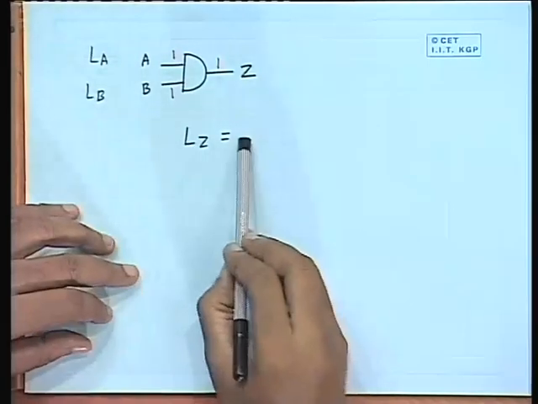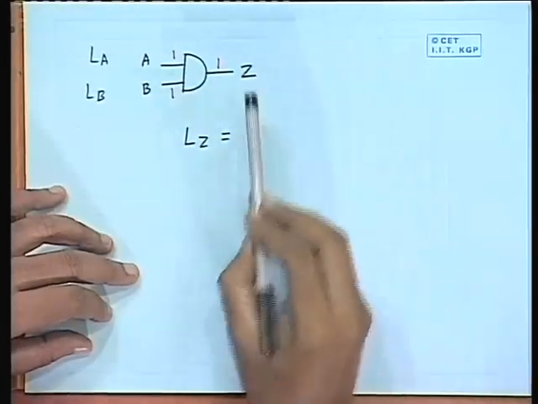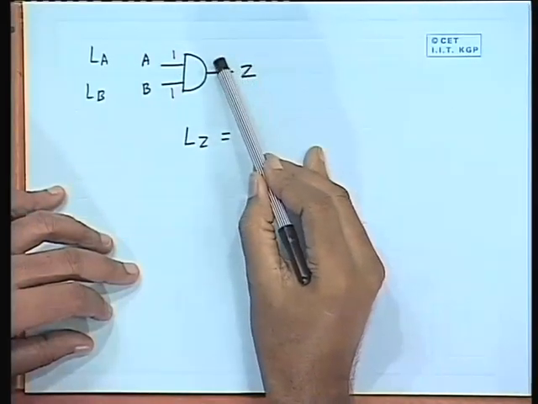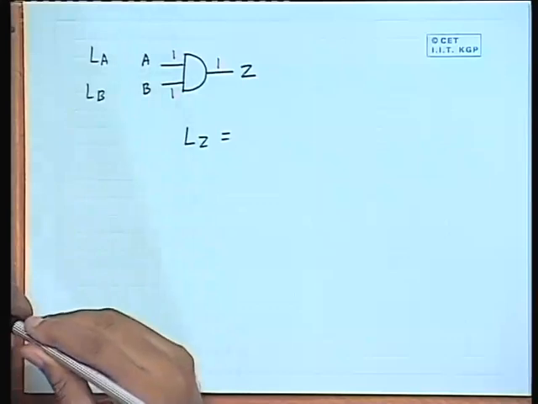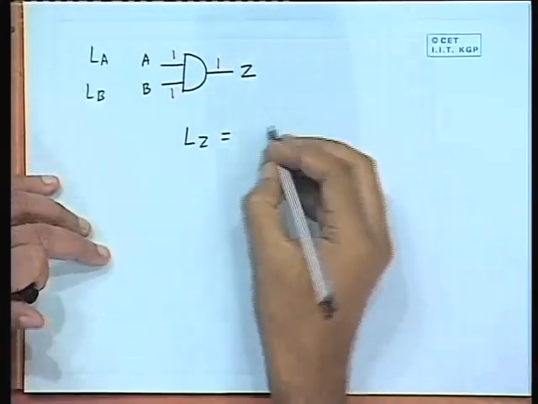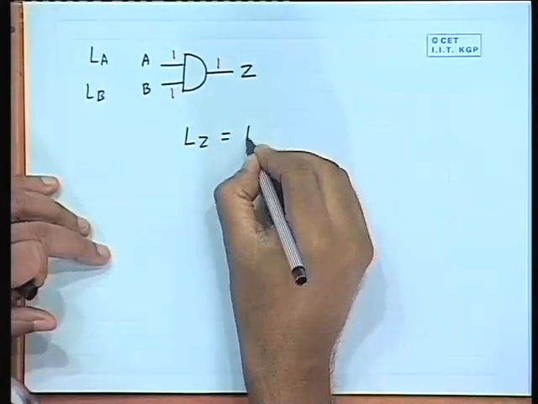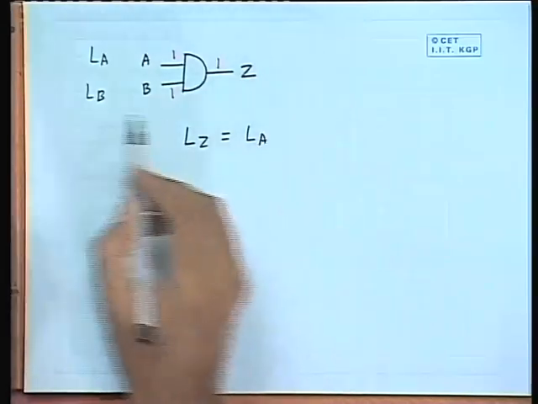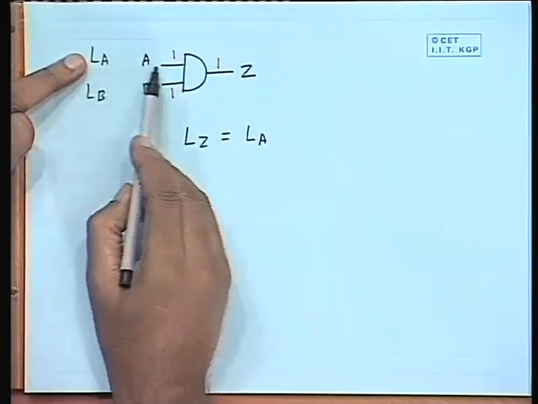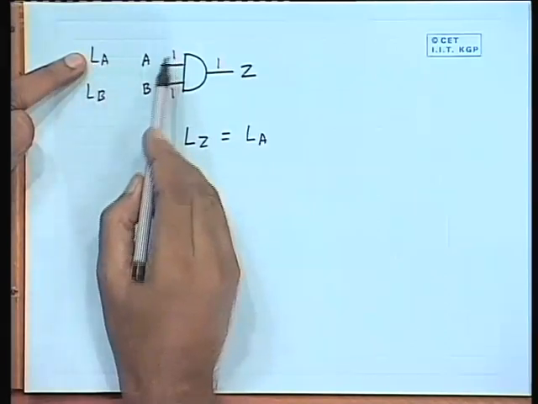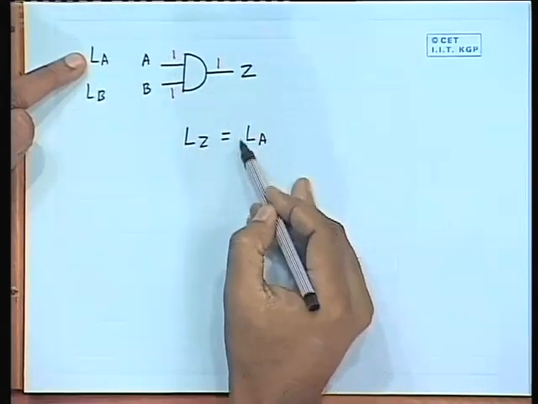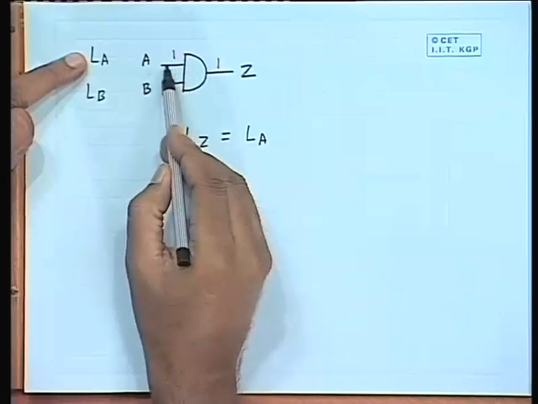In LZ, we will have all the faults which will change the output logic value to 0. So, actually what are the things that may change? First is LA, because the correct value of A was 1, if any of these faults occur it will change this value. So, LA means those set of faults which will change the line A to 0.